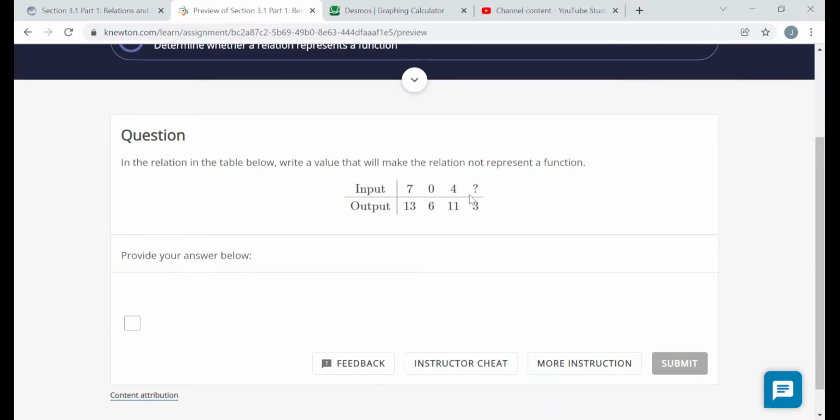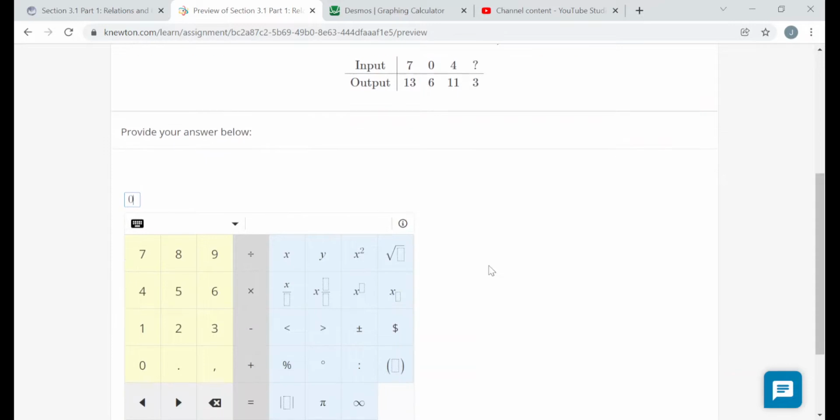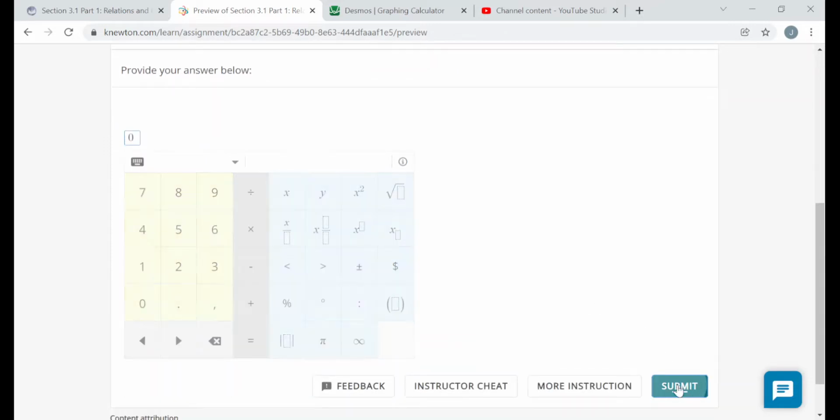It'll take any one of those, because if you put in 7, then 7 would go to 13 and to 3. If you put in 0, 0 would go to 6 and to 3. If you put in 4, 4 would go to 11 and to 3. So if you put in 7, 0, or 4, it should be correct. All right, I'll put in 0. A value. It didn't say put all the values, just put a value for the question mark that will make this not a function.